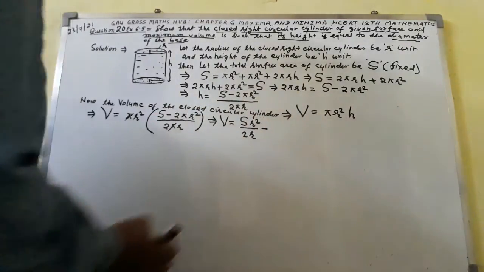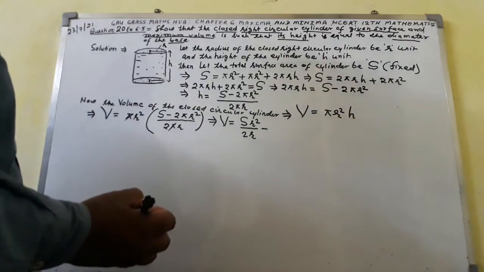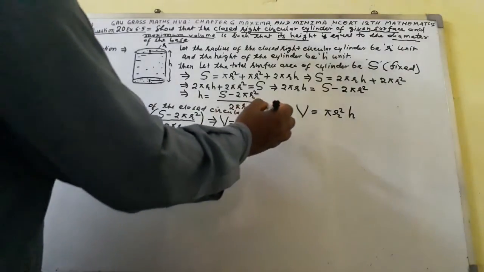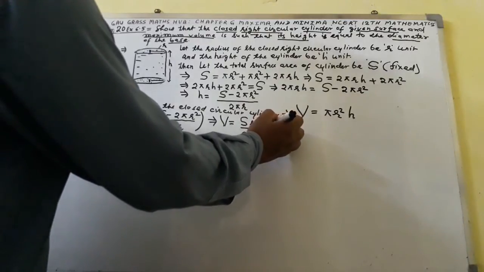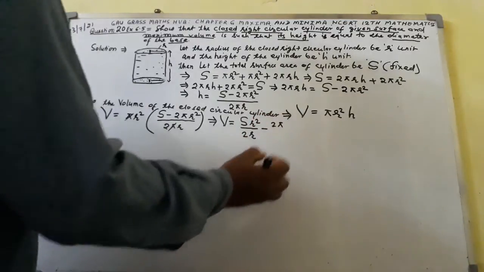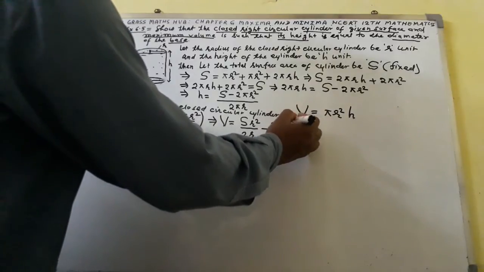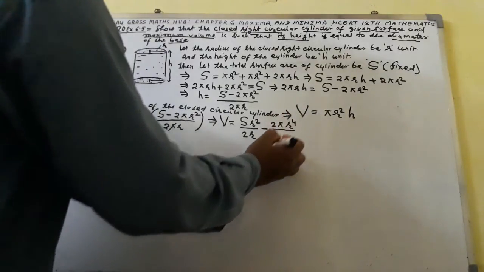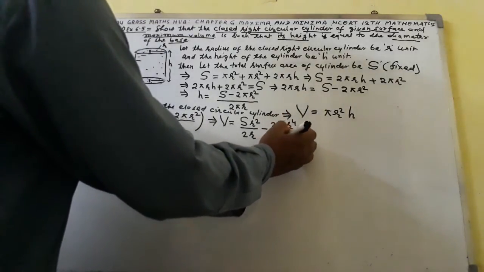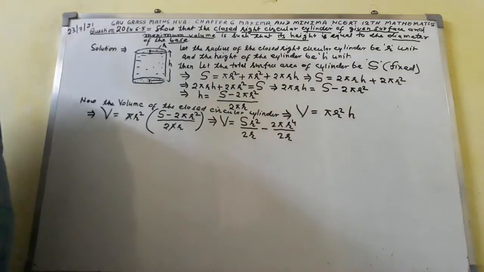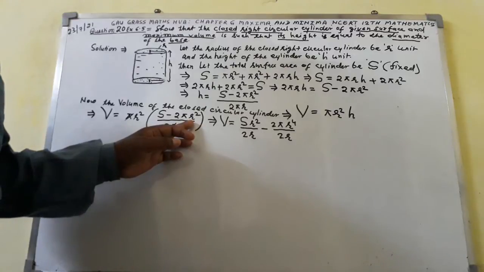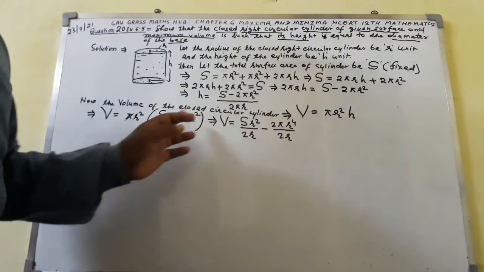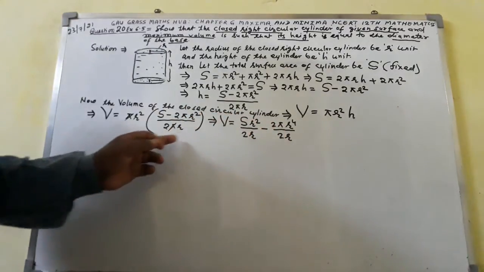minus 2 pi r raised to the power 4 over 2r. This r square will multiply to this term. You will get here r raised to the power 4. Here you will get 2 pi minus, here you will get 2r.